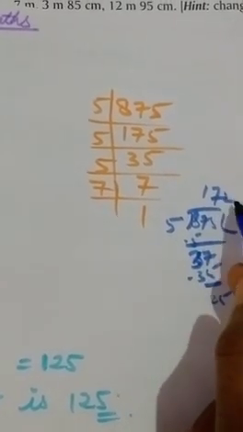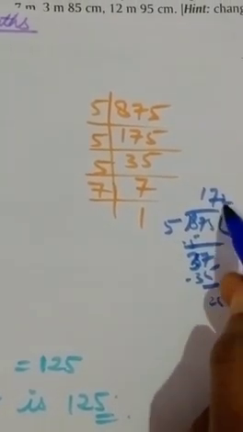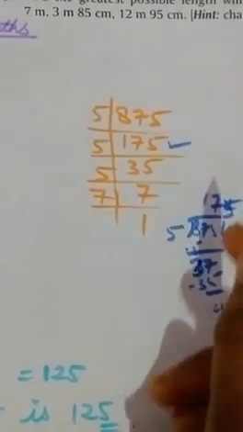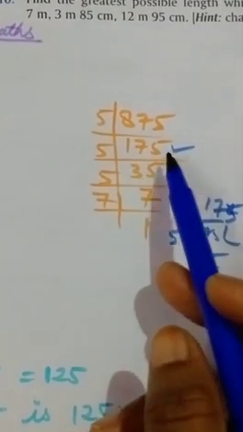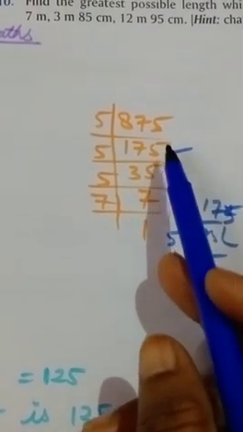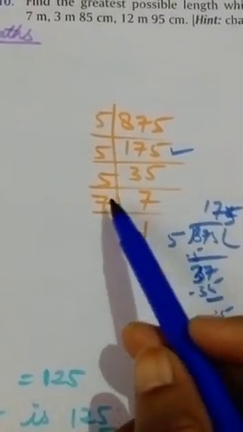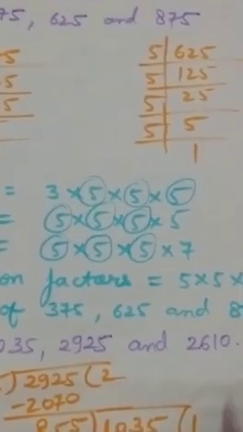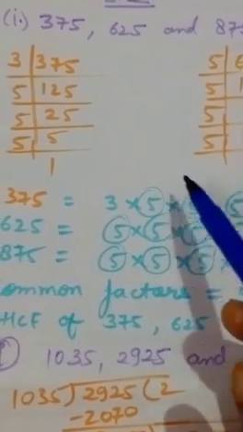Then 5 fives are 25. Okay, it means 175 is your quotient. Now divide this, 5 sevens are 35. Okay, like this you have to do all the HCF.